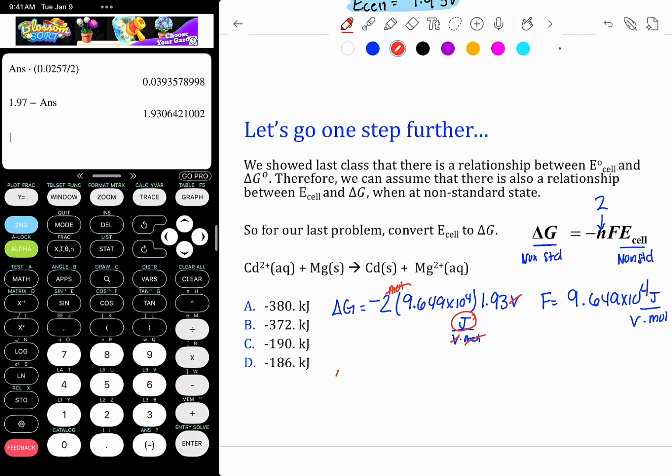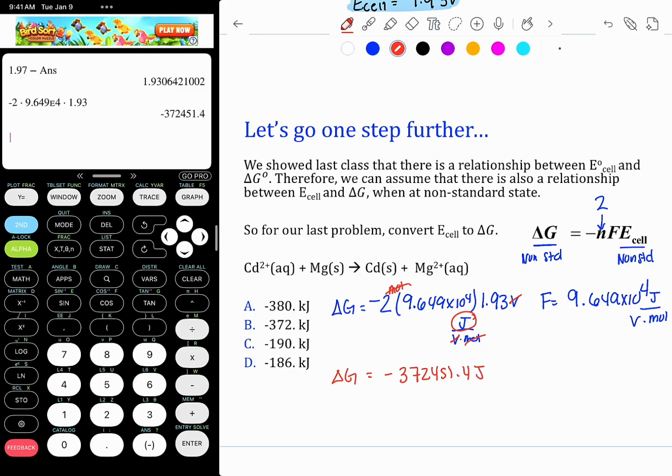If we put this into our calculator, we get -2 times 9.649 times 10 to the 4 times 1.93, and we get that delta G is -372,451.4, and that's in joules.